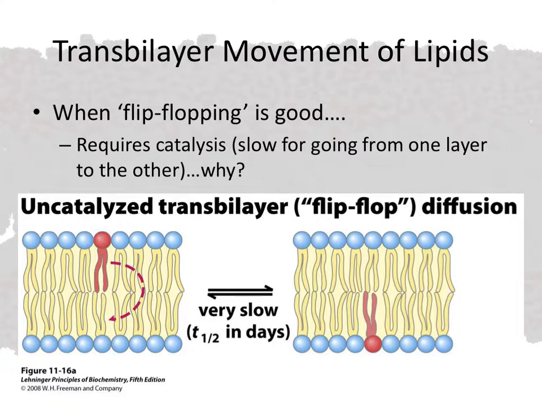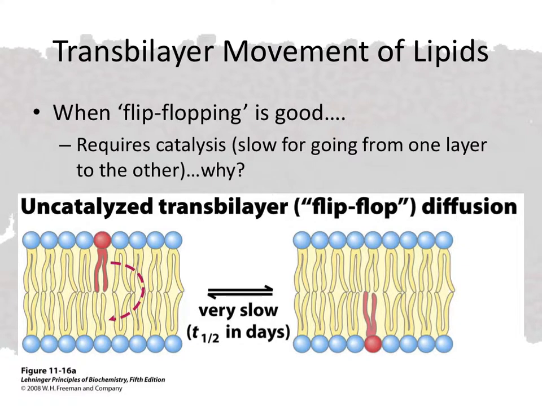Whereas if you try to do trans-bilayer movement, when you flip from the outside in or from the inner leaflet to the outside, it's much more difficult, okay? And last year I talked about flip-flopping.